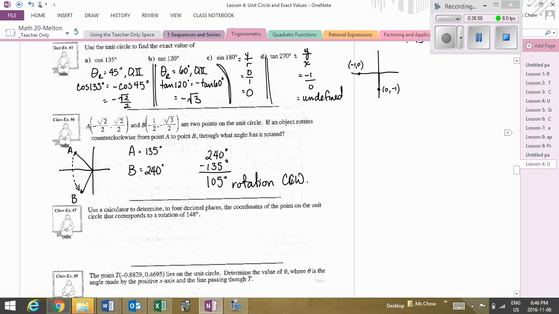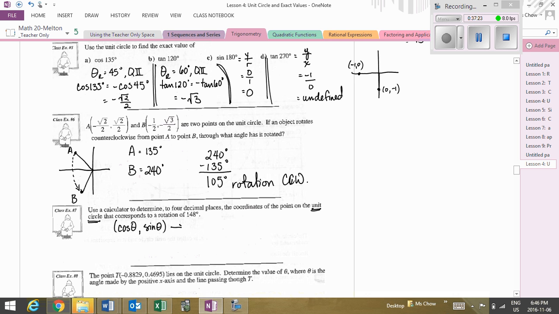If we take a look at class example number 7, it says use a calculator to determine to 4 decimal places the coordinates of the point on the unit circle corresponding to a rotation of 148 degrees. The key words here are that it is on the unit circle, and we know that for anything on the unit circle, it will always be cosine theta followed by sine theta.